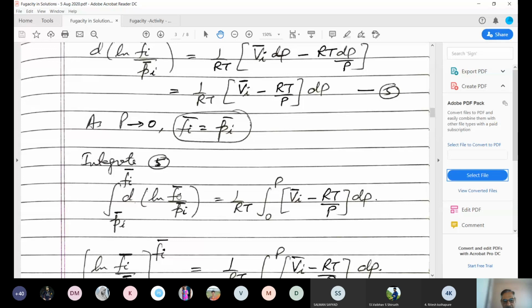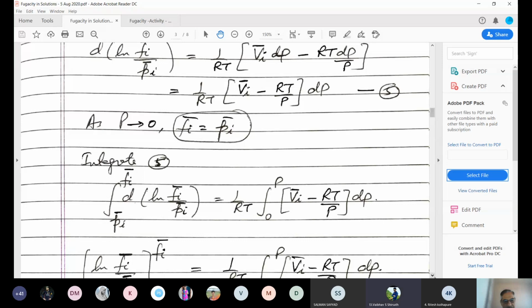So here the lower limit of Fi bar is Pi bar at zero pressure, and at any other pressure, it could be high pressure, the fugacity is Fi bar, which we have to find out. Actually, this is what we have to find out. All things are known: Vi bar is known, RT by P is known, but Fi bar is unknown. So we need to find this out.